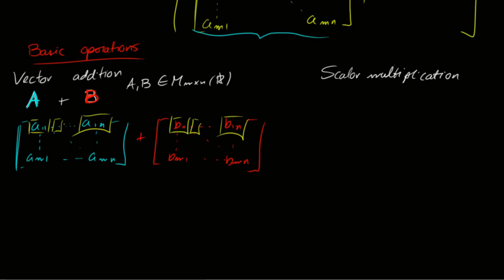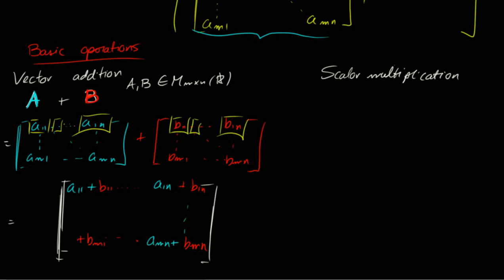So what happens is you get this matrix. You get A11 plus B11, and this happens until you have A1n plus B1n, and down here you have Amn plus Bmn, and then here you have Am1 plus Bm1, because this is Am1 and this is Bm1, so you add them together.